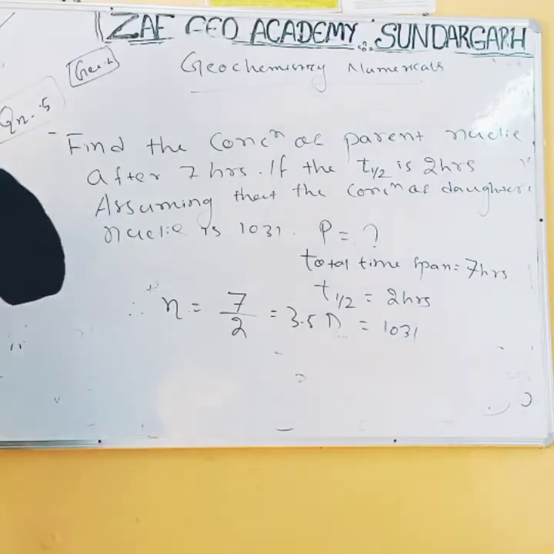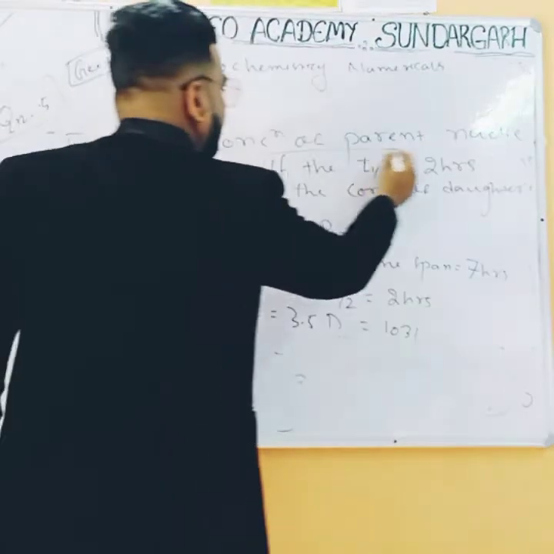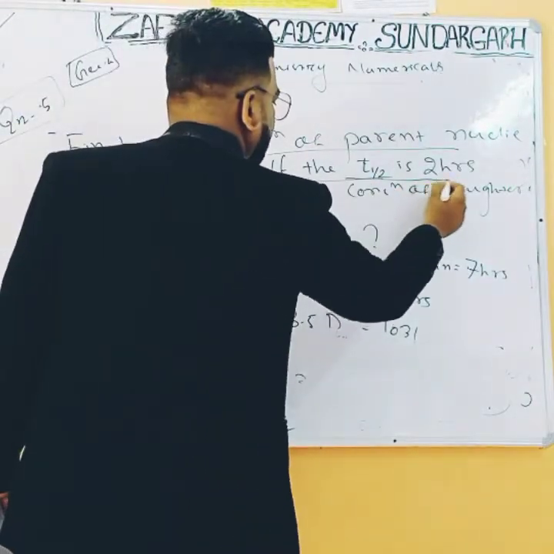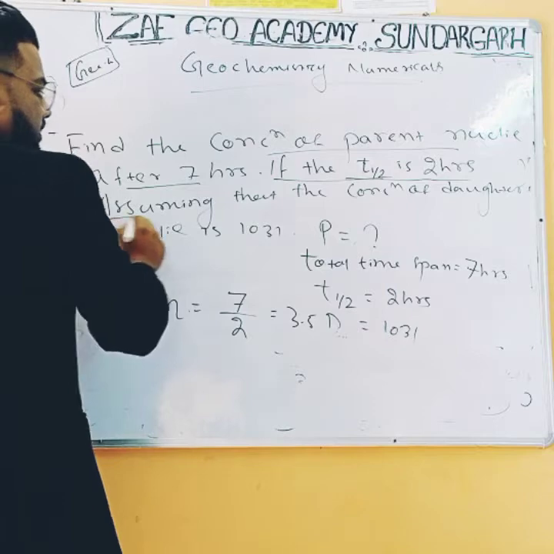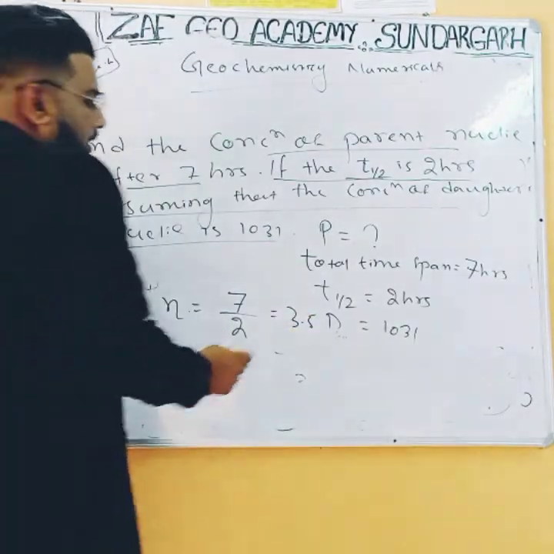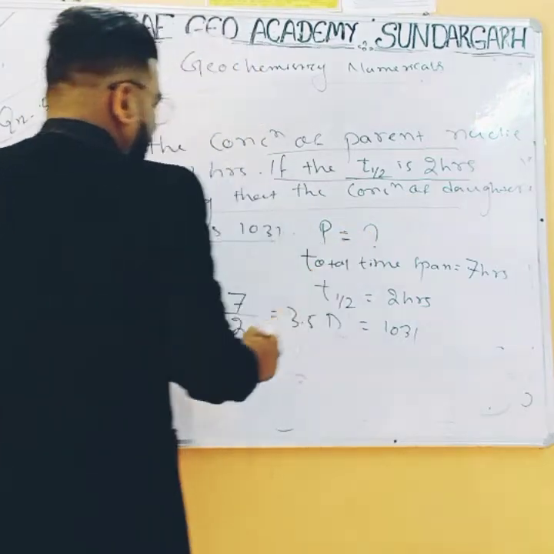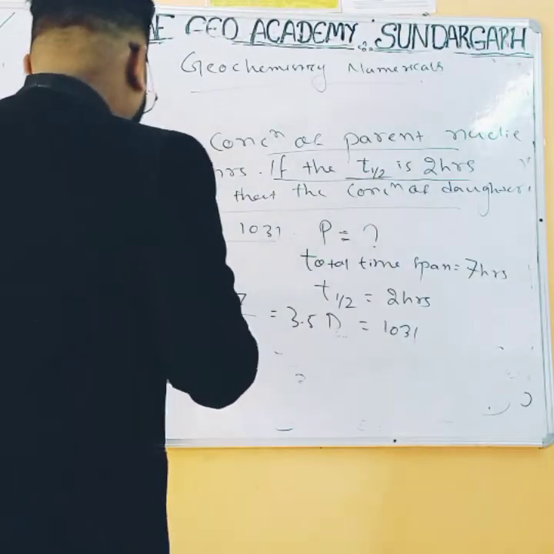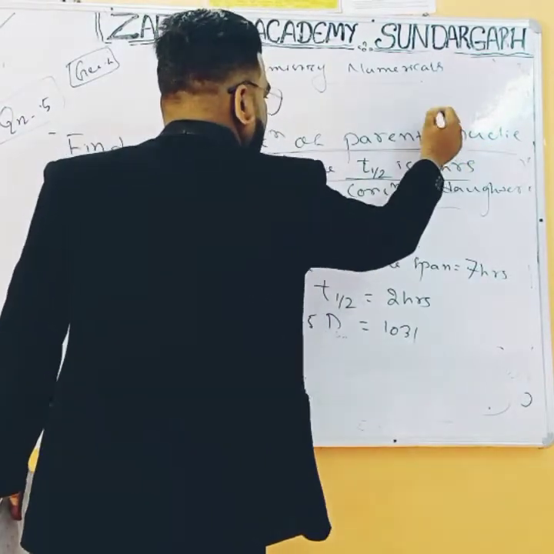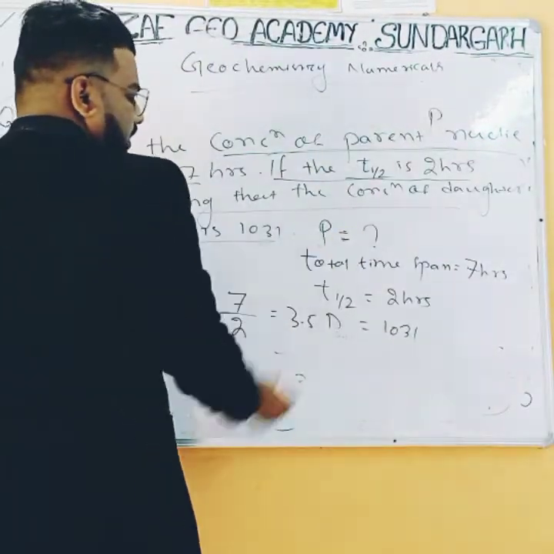Now question number 5 is to find the concentration of parent nuclei after 7 hours, if the half-life is 2 hours, assuming that the concentration of daughter nuclei is 1031. So here we have the concentration of parent nuclei, that is P, which we have to calculate.